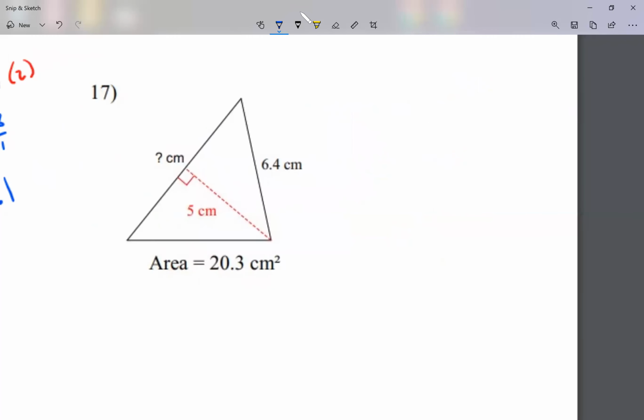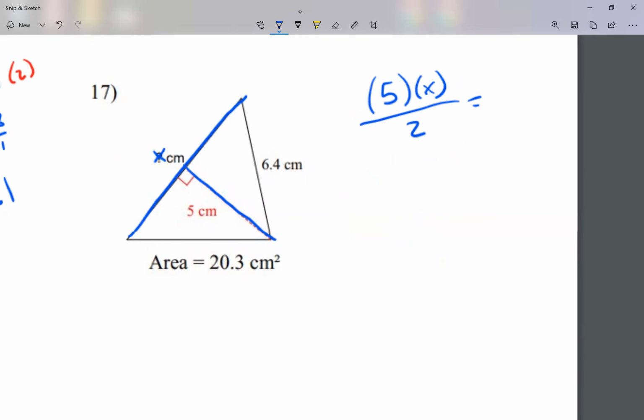Now number 17. Here's my x. My 90-degree angle is made by x and 5. So I'm going to say 5 times x divided by 2 is equal to 20.3. All right, let me get rid of fractions. Let me multiply both sides by 2.